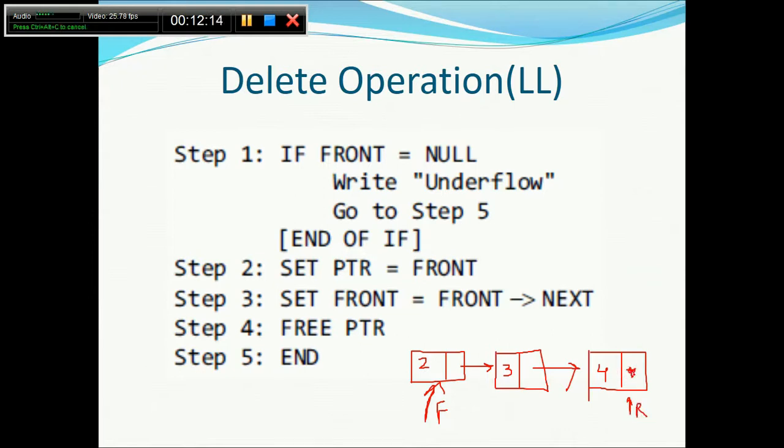Okay, so this is the case. If front is equal to null, write underflow, but this is not the case. Whatever the front consists, copy it to the PTR. So PTR now points there, and front is equal to front next, so the front will jump to this particular position, and free PTR.